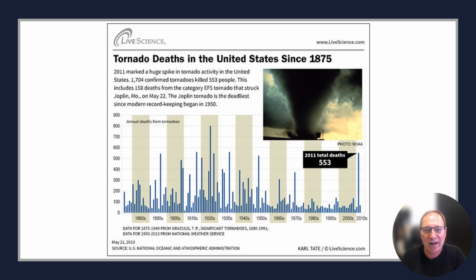Tornado deaths in the United States, again, if you look at the peak, the 1920s, the 1930s, the 1950s, and to a lesser extent in the 1970s, 2011 was really that anomaly. The big difference between the 1920s and what we see today, construction code requirements are so much better.